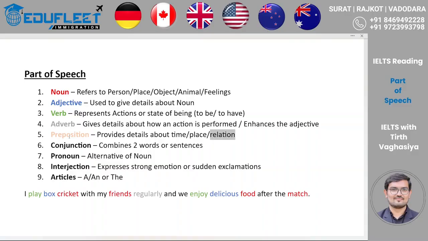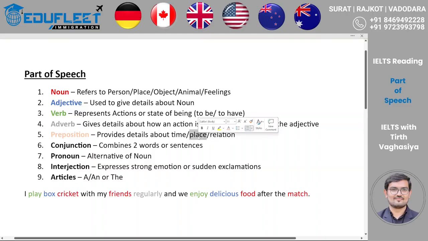For example, if you are referring to one mobile phone which is placed just on the table, the sentence would be the mobile phone is on the table. Now here you have used the term on, which is giving you the place of the mobile phone.